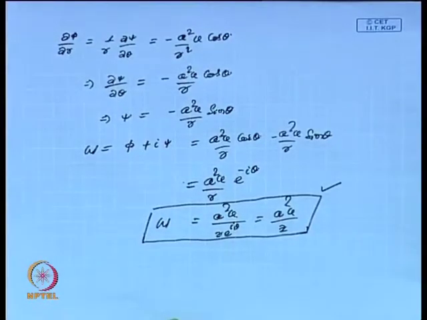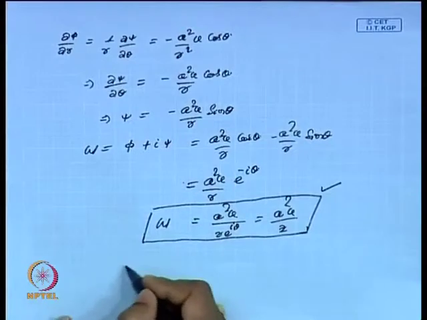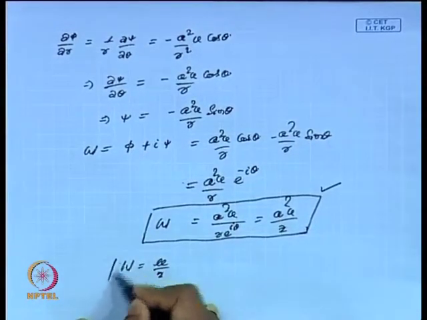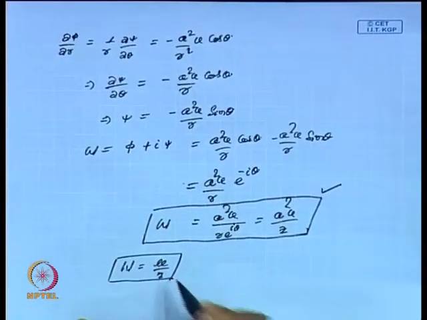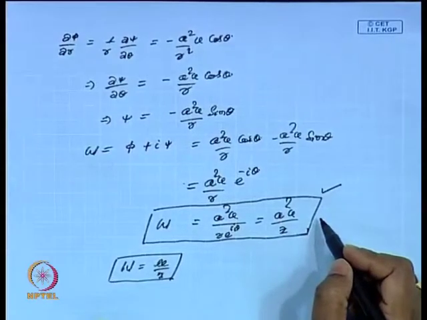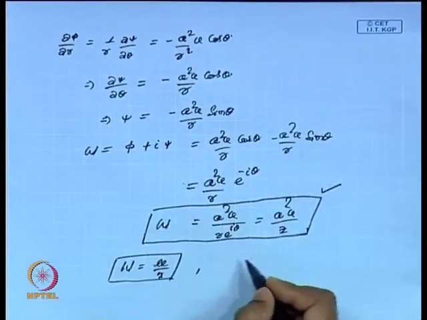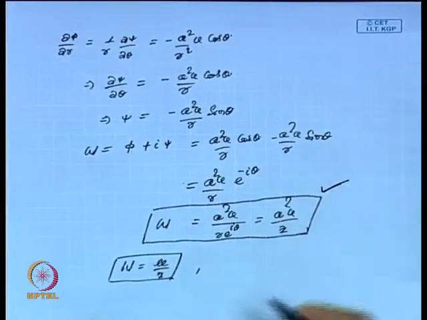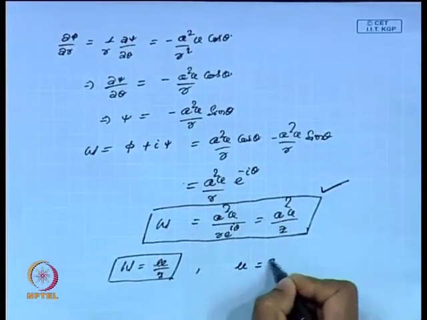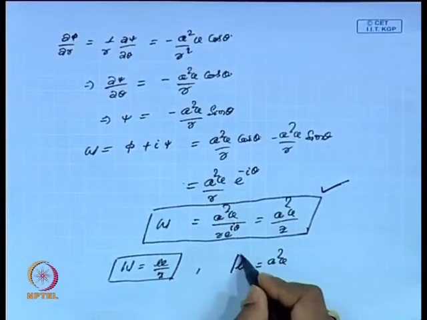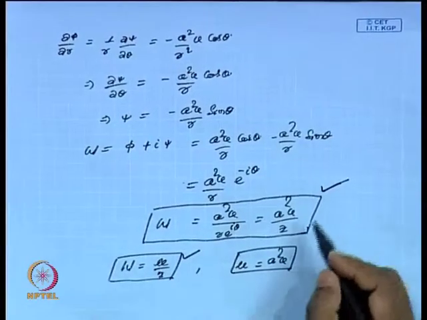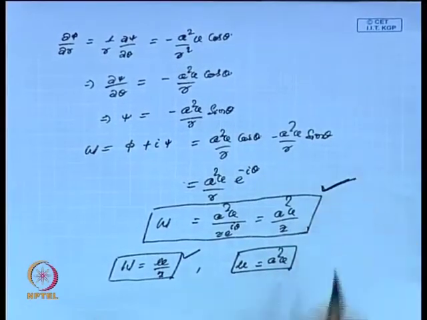Now, if you look at this, we know that in case of a doublet, W is equal to μ by z. If W is equal to μ by z, this is the complex potential for a doublet. So, in the case of a cylinder which is moving at a speed u, if μ becomes a² u, then the doublet is reducing to this flow pattern.